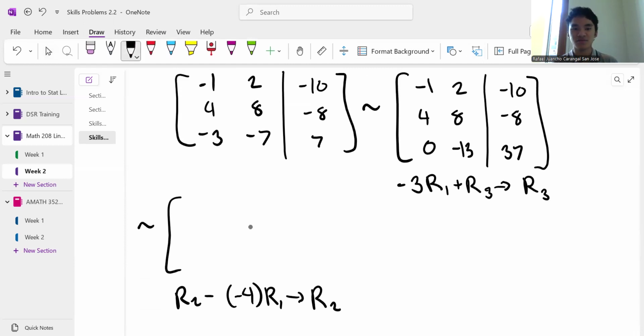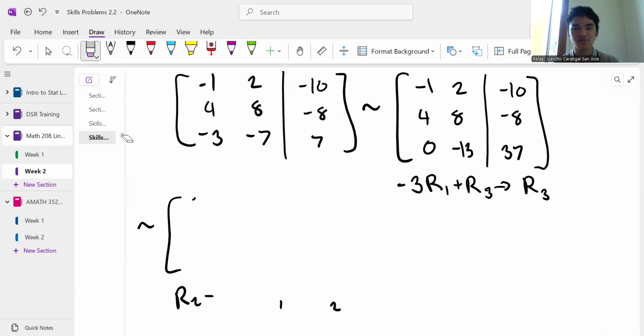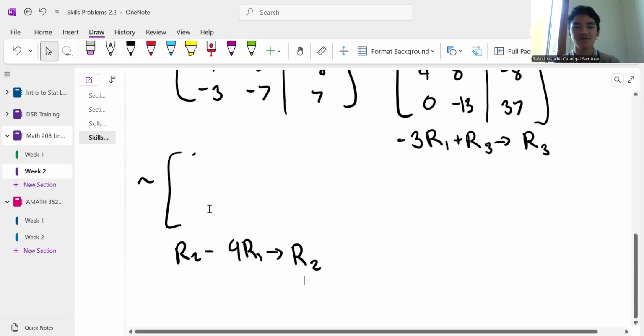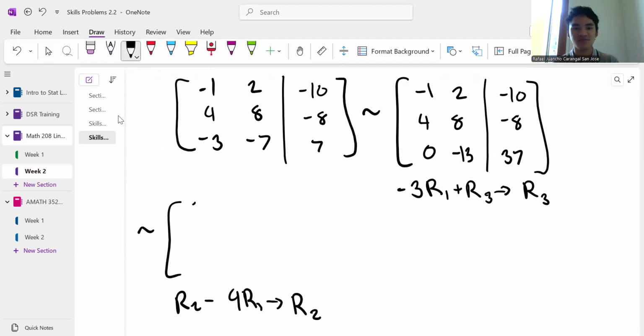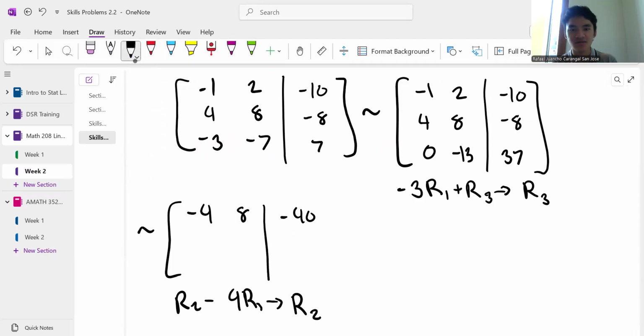Right? So this will give me what? Actually, wait. Oops, it's not -4, because that would make it positive. It should just be a positive 4. So this becomes -4, right? So I multiply everything by 4, right? So 2 times 4, 8. -10 times 4, -40. Row 3 stays the same.